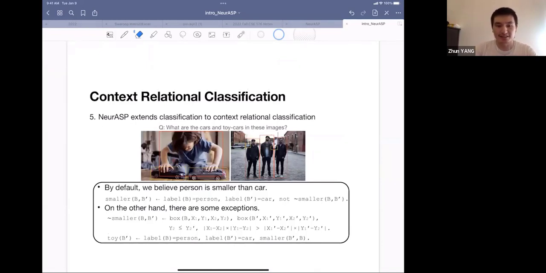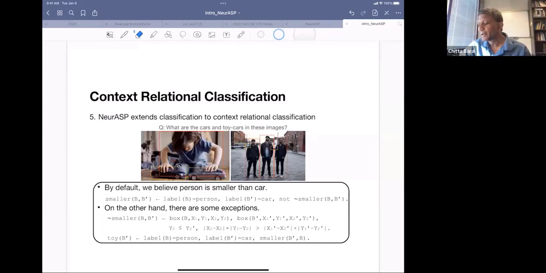So with that information, and also with some other knowledge, like if an object is closer to the photographer and the bounding box is smaller, then for sure this object is smaller, we can do some context relational classification about objects. Like in the first image, we can classify the 2 cars as toy cars. There might be some other applications, but in this example, we just show this simple use case.